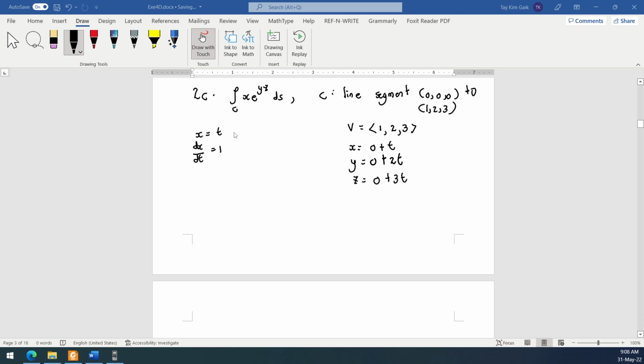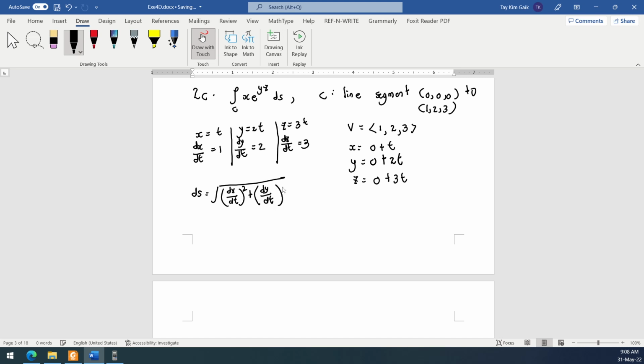Hence x is t, dx/dt is 1; y is 2t, dy/dt is 2; z is 3t, dz/dt is 3. And then ds is the square root of (dx/dt) squared plus (dy/dt) squared plus (dz/dt) squared, with dt outside.